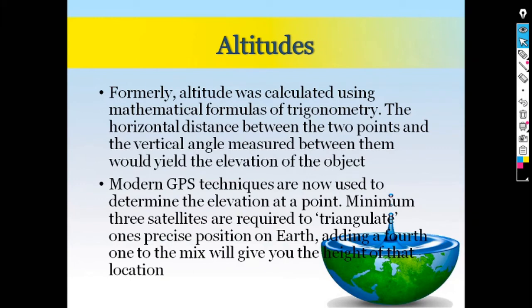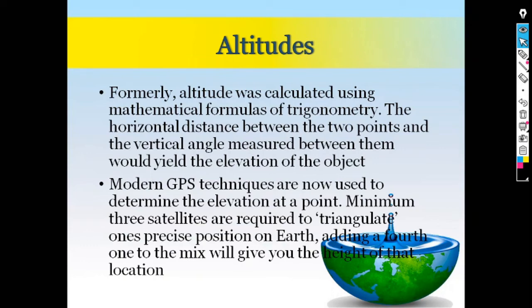Formerly, altitude was calculated using mathematical formulas of trigonometry. The horizontal distance between 2 points and the vertical angle measured between them would yield the elevation of the object. Modern GPS techniques are now used to determine elevation at a point. A minimum of 3 satellites are required to triangulate one's precise position on the earth.